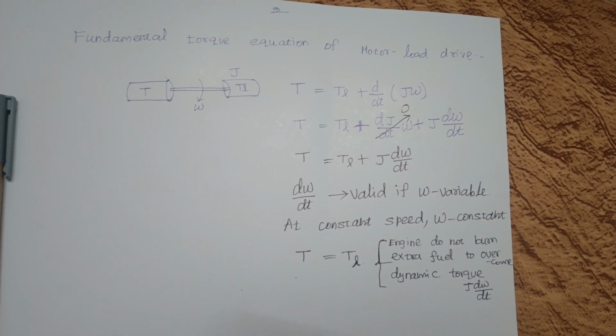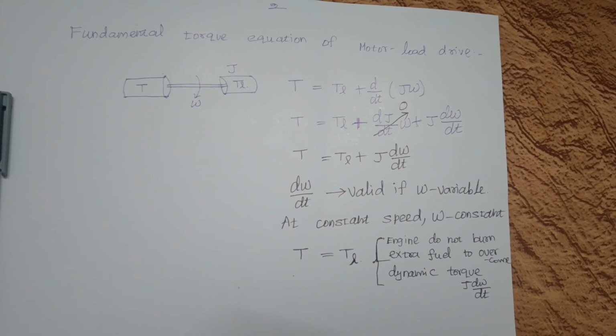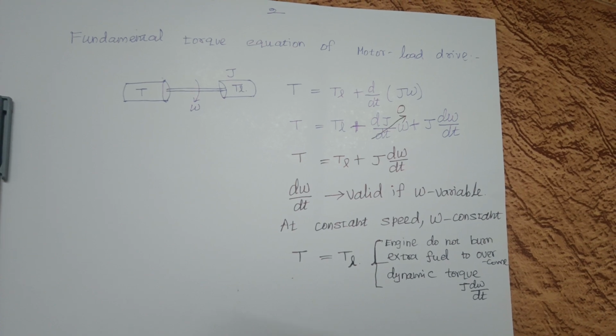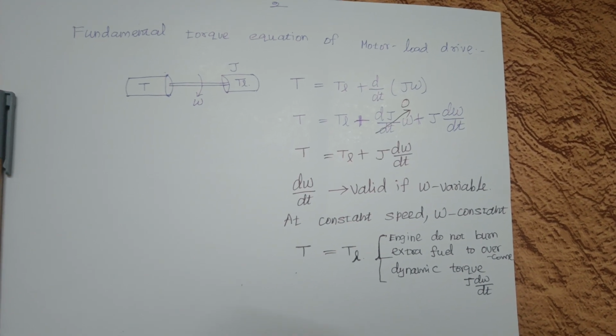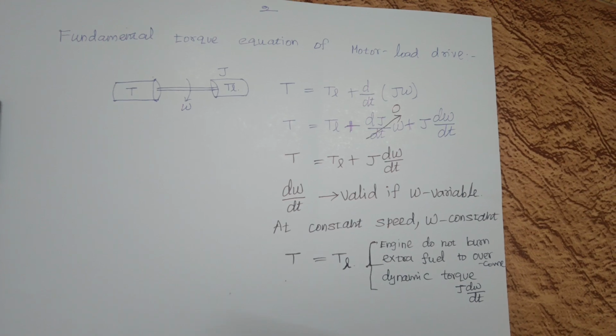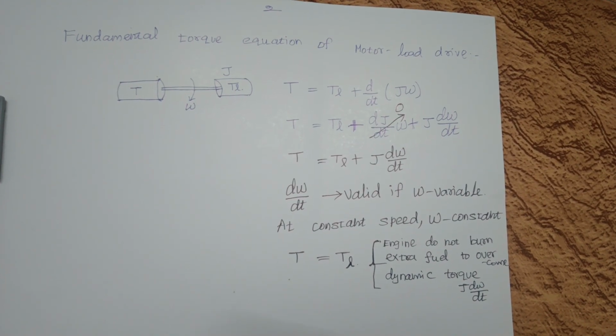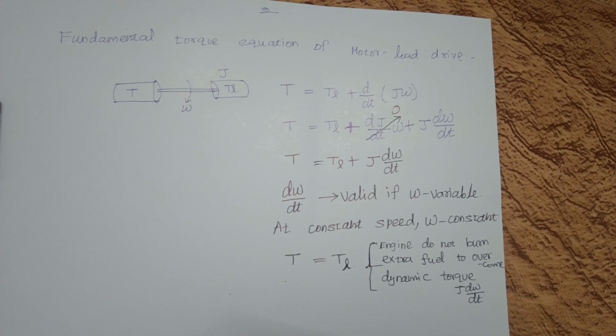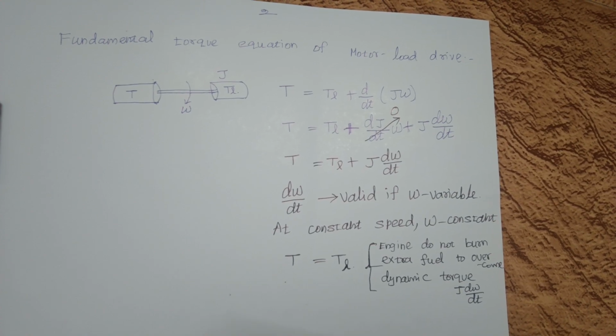If both are variable, then you can write motoring torque T is equal to load torque plus omega into dJ by dt plus J into d omega by dt, in which omega into dJ by dt will be valid if and only if your moment of inertia is a variable one.